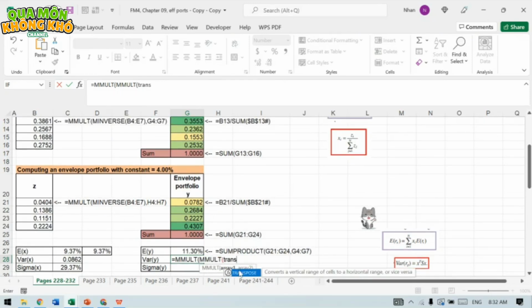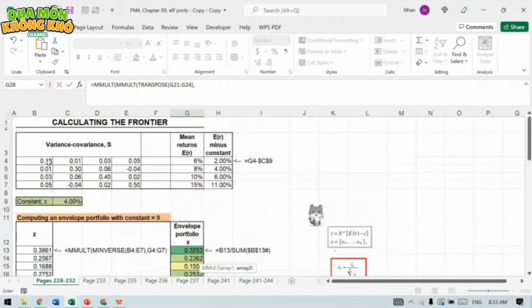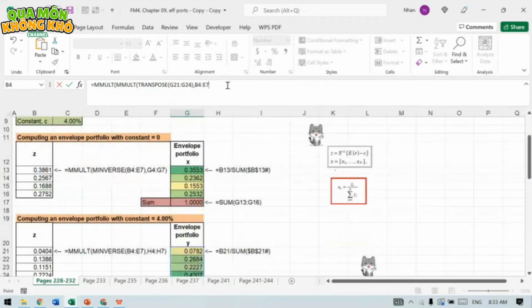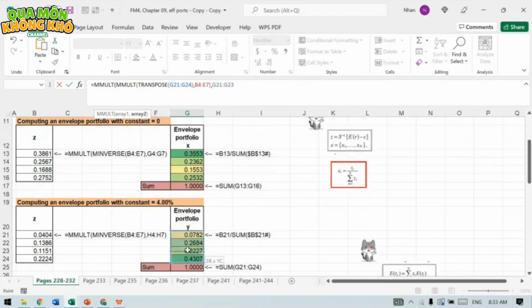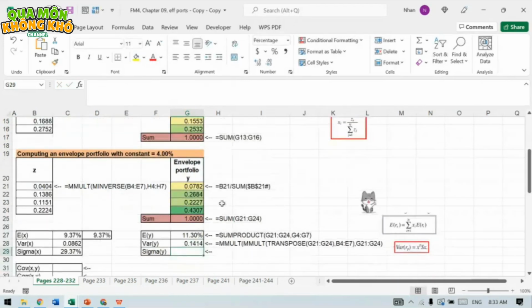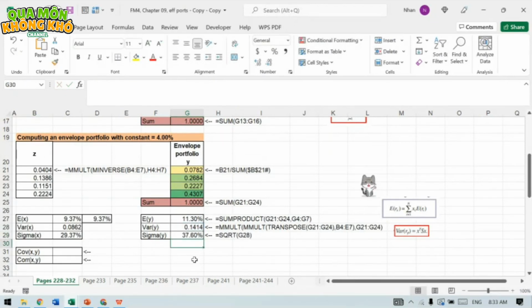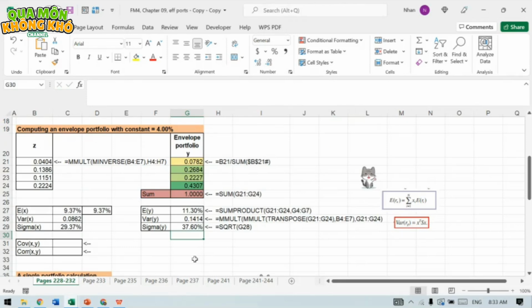Transpose for portfolio Y, and then the variance-covariance, and then the envelope portfolio again. So I have the variance here, and now I will take the square root of the variance of Y. I have the standard deviation of portfolio Y.